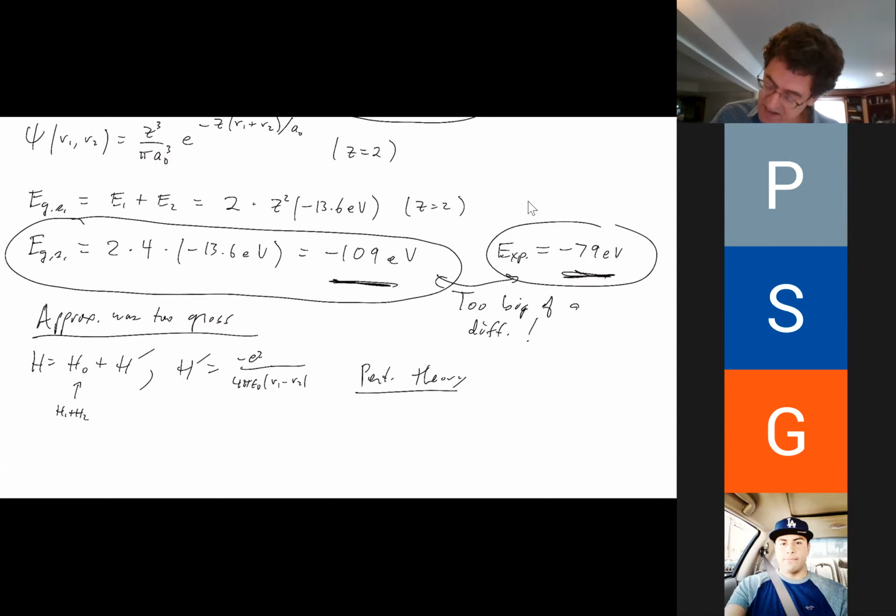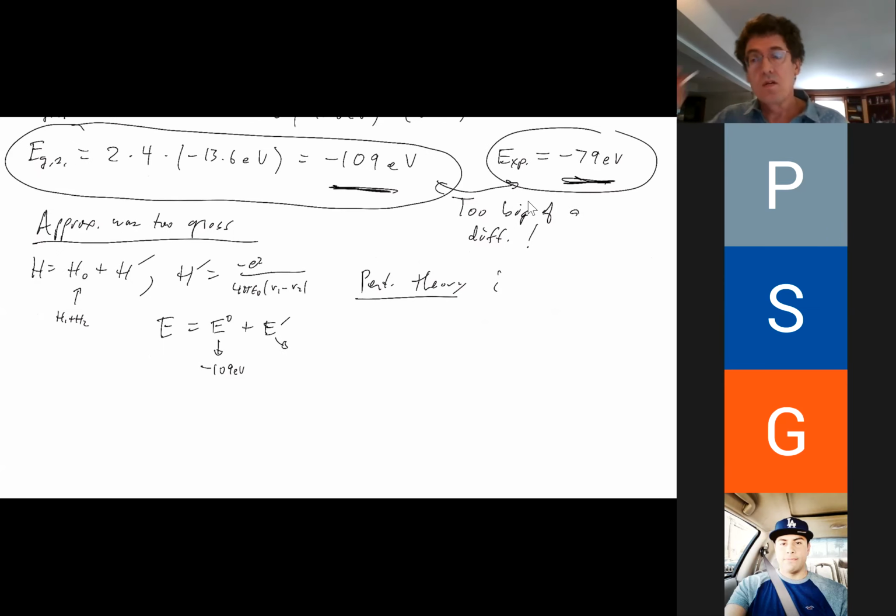And so what I would say then is that the energy is equal to E naught plus E prime. And E naught in this case is going to be the negative 109 EV. And what's E prime? How might you get E prime using perturbation theory?